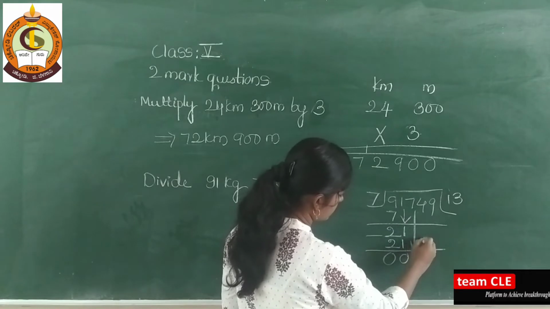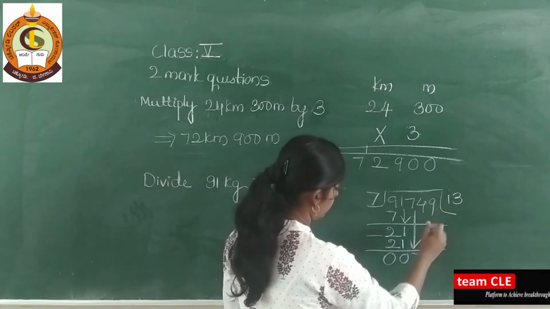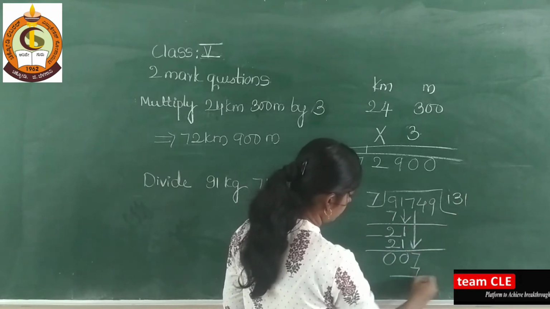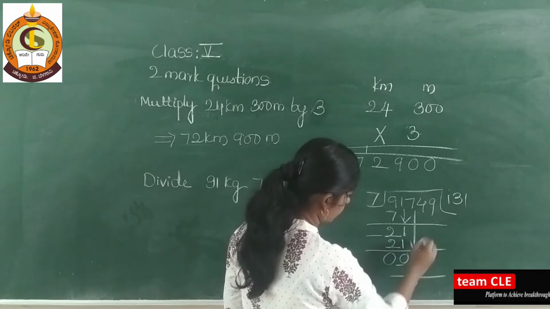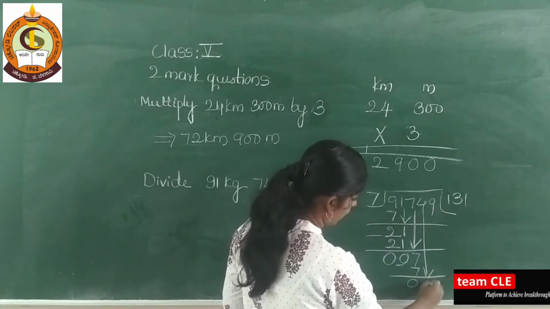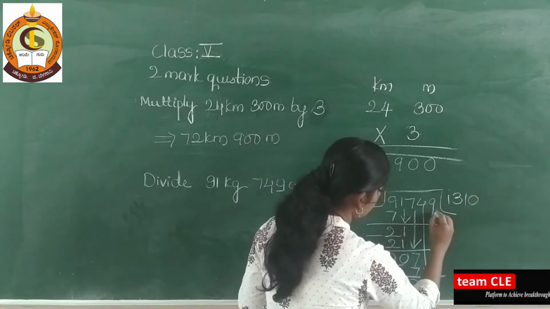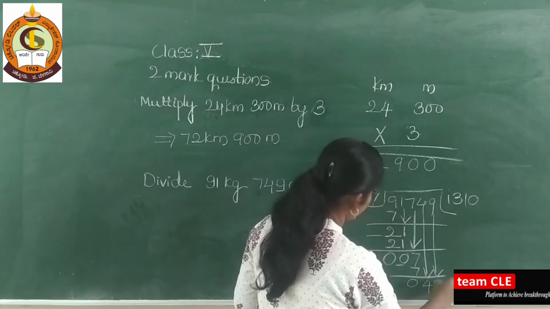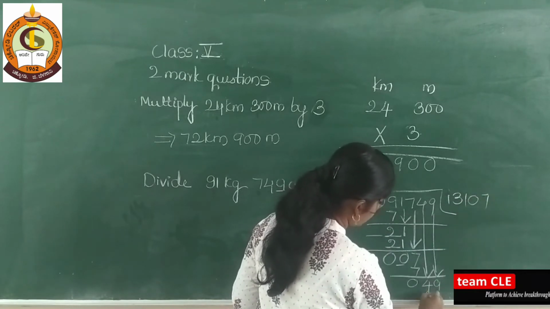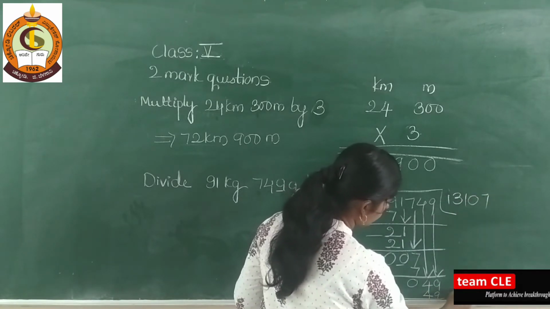Next you take this 7 down, and 7 ones are 7. Again 7 minus 7 is 0. Next you take this 4 down. In the table of 7, 4 is not there, so give 0 and take this 9 down. So 7 7s are 49, and the remainder is 0.